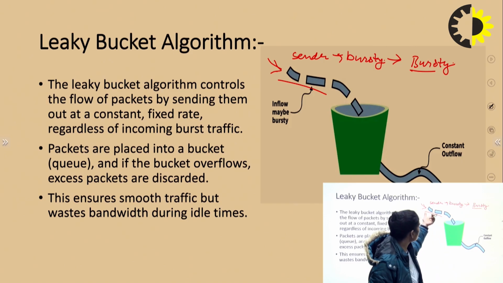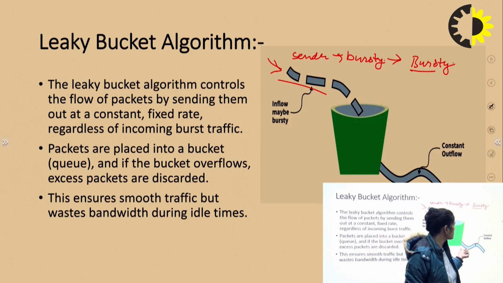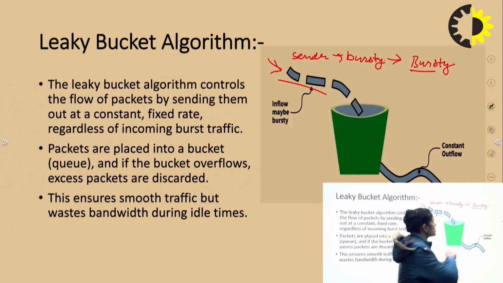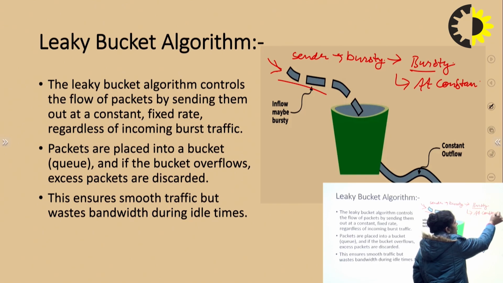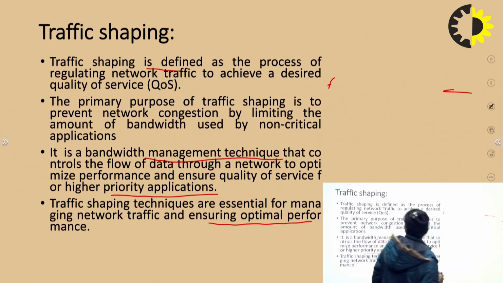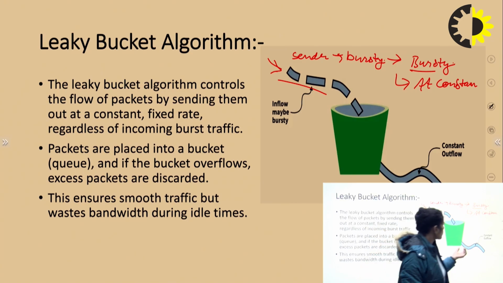So when the data is incoming in a bursty form, the leaky bucket concept provides a mechanism to make this data flow at a constant rate when it is transferred, at a constant rate.